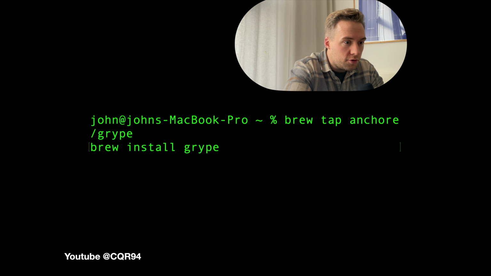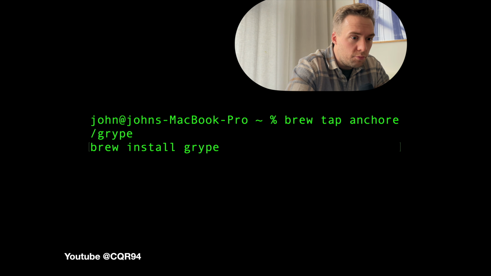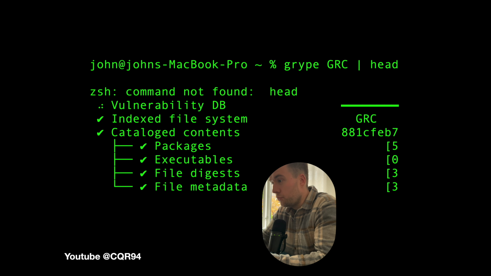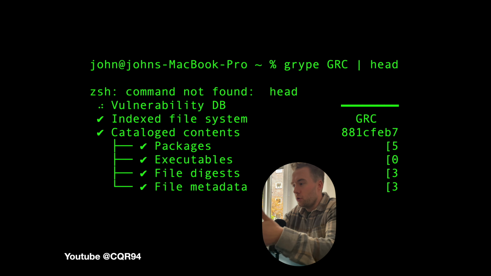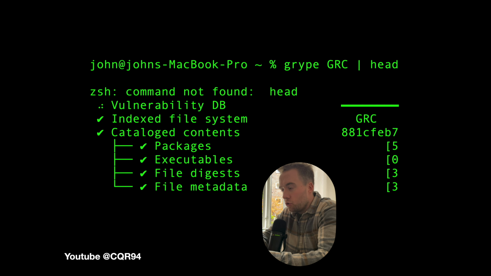Grype is also a useful tool. To install it: brew tap anchore/grype, then brew install grype. It is very powerful. It can look at all the dependencies, which are crucial in the supply chain. So, looking at what is actually supplying your application, what code, extensions, and packages are helping your application, and what you should be aware of.